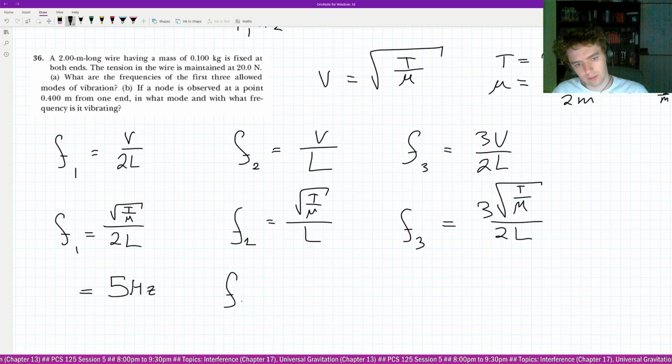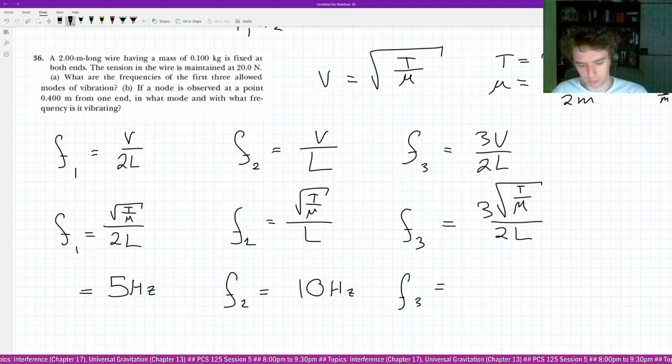Actually I could have done that in my head, but yeah, this is 10 hertz, and probably the next one will be what we're expecting. So 20 over 0.05, times 3, over 2 times 2. I got, yeah, 15 hertz.